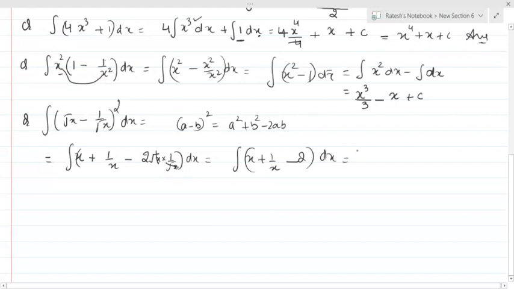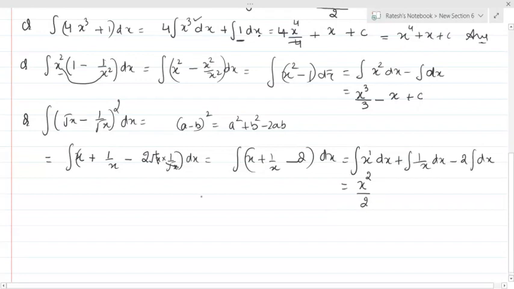As usual, we will apply integration to each and every function. x dx plus 1 over x dx minus 2 constant and dx. Got it? Okay, here now you have x with power 1. And whenever the power is there for a simple, linear function, we will add 1 to the power. 1 plus 1 will be 2, and in the denominator, the same power will be there.